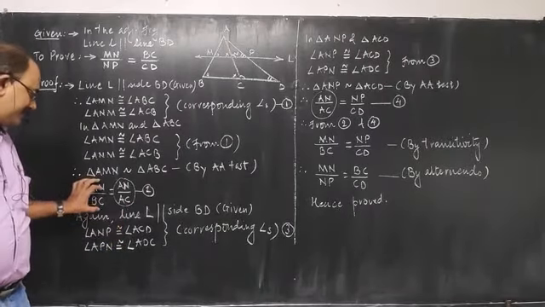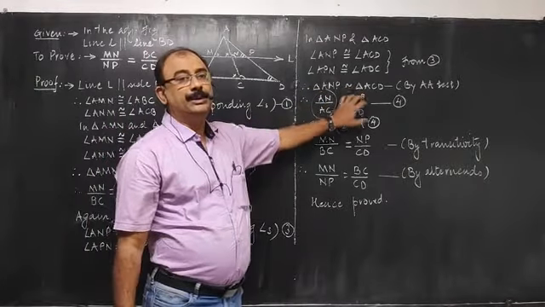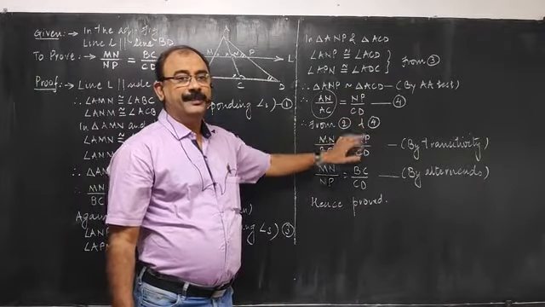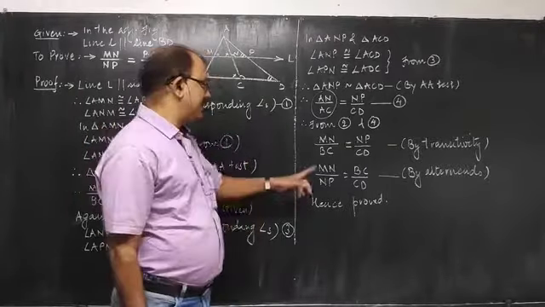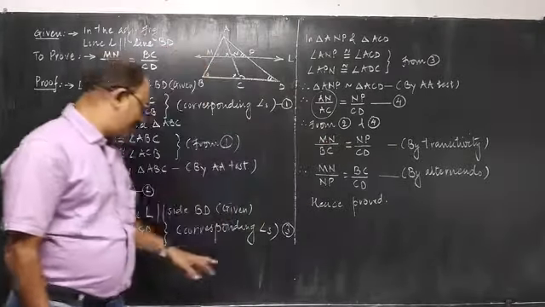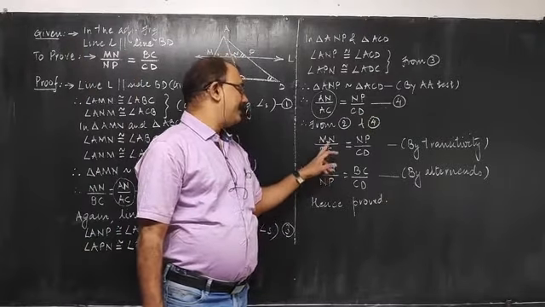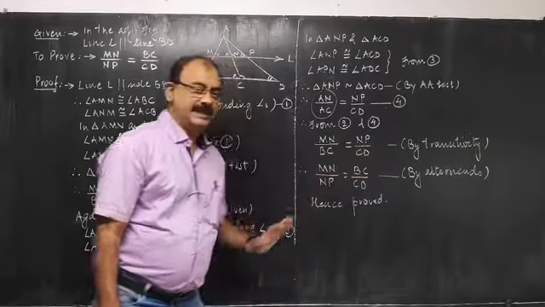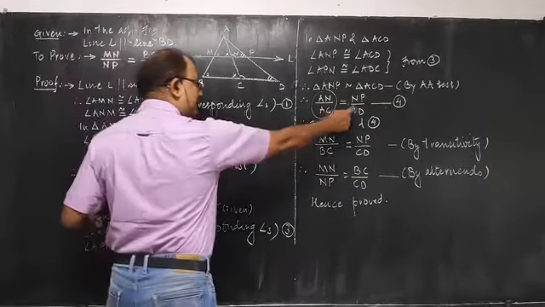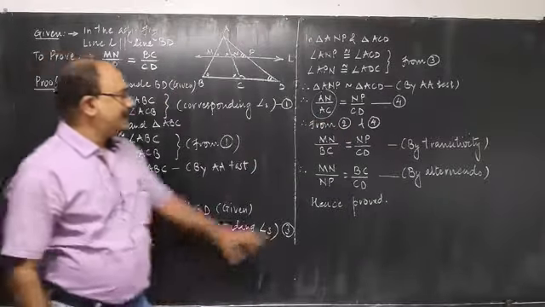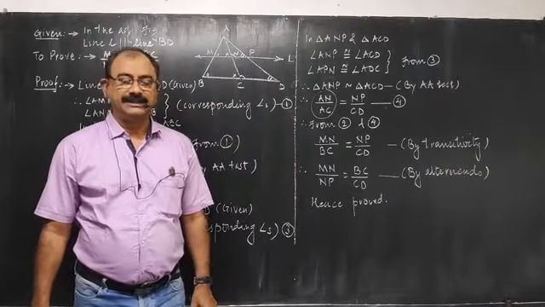So this ratio is equal to AN upon AC, and AN upon AC is equal to NP upon CD. It is just like A is equal to B and B is equal to C, therefore A is equal to C. So from equation 2 and equation 4, MN upon BC is equal to NP upon CD. That means the first ratio is equal to the last ratio. So we have obtained that result.